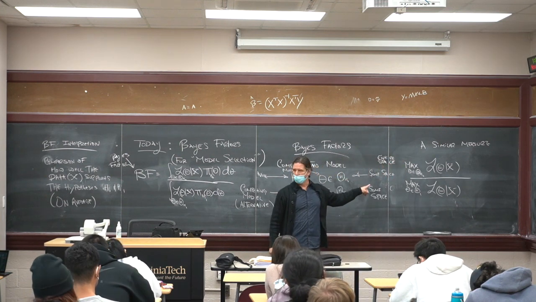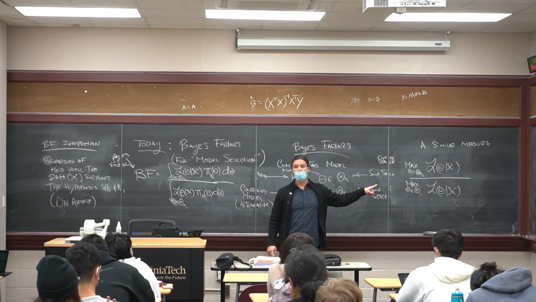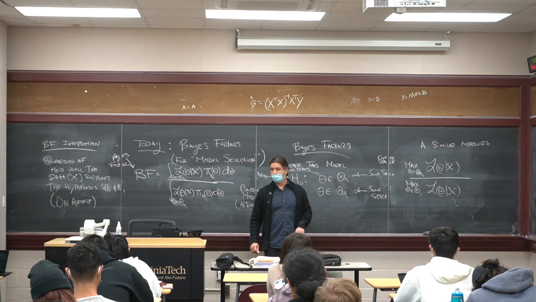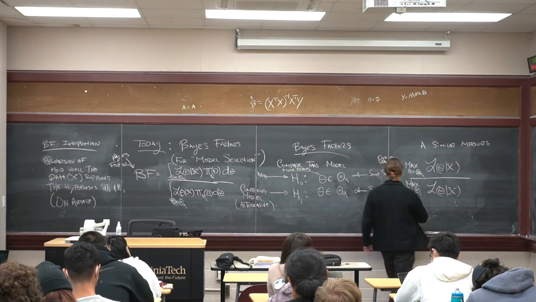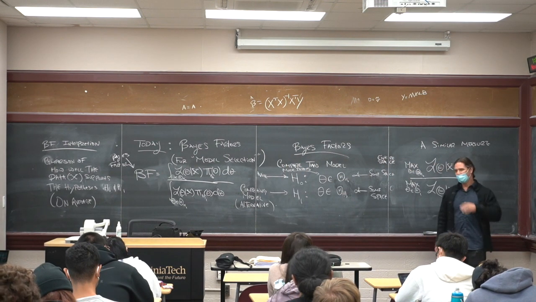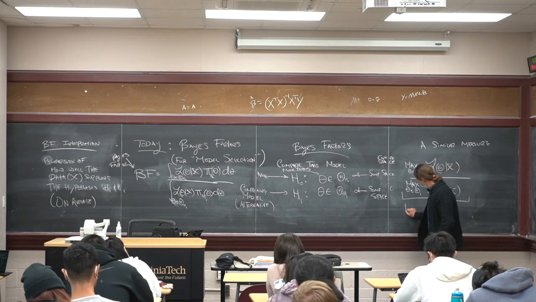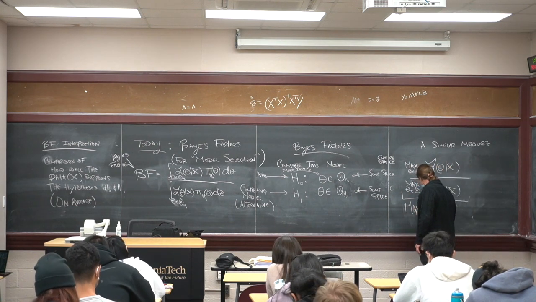Who's seen this before? Lots of people. So what is this called? Likelihood ratio? Yeah, it's called the max likelihood ratio statistic. You have to turn it into a test, but yeah, close.